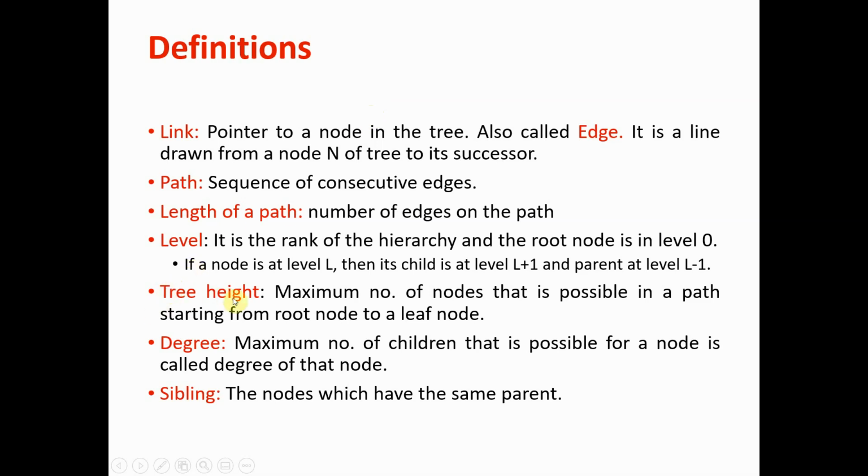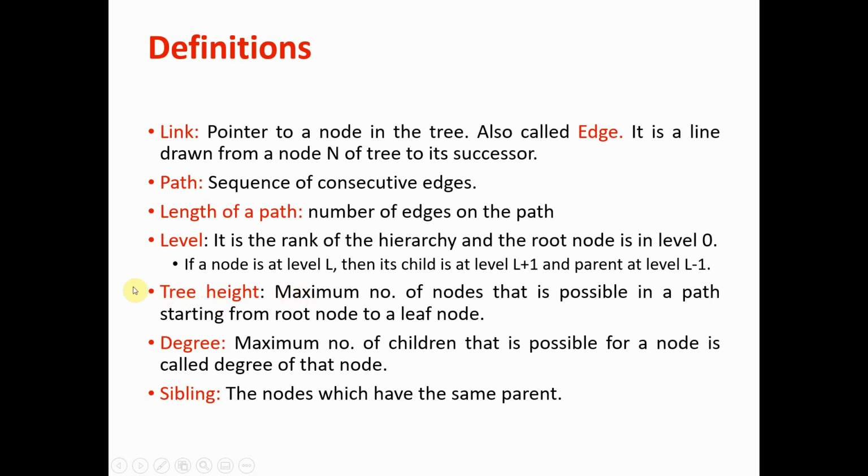Tree height is the maximum number of nodes that's possible in a path starting from the root node to a leaf node, or the maximum number of edges that we pass through to get from the root to a leaf.